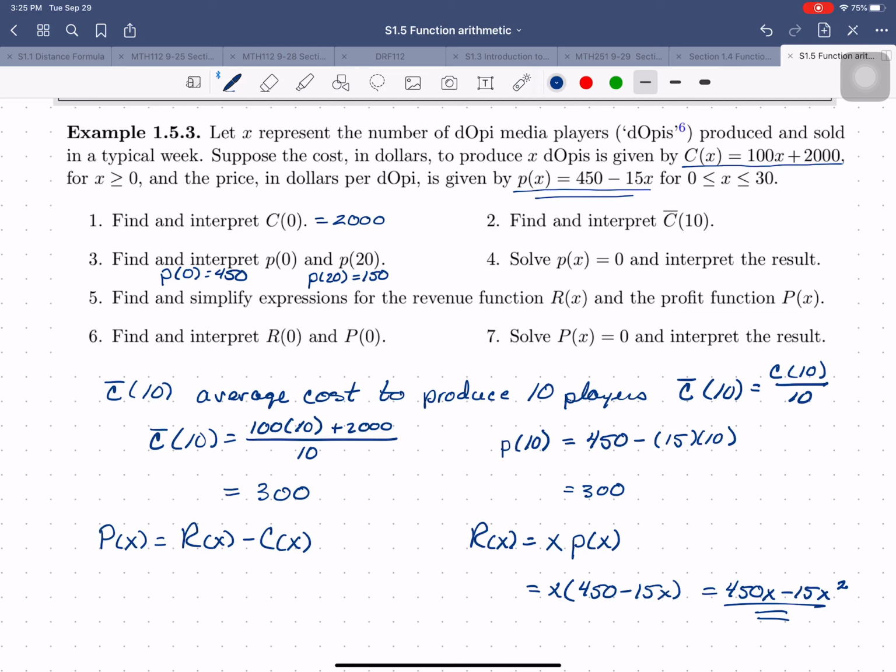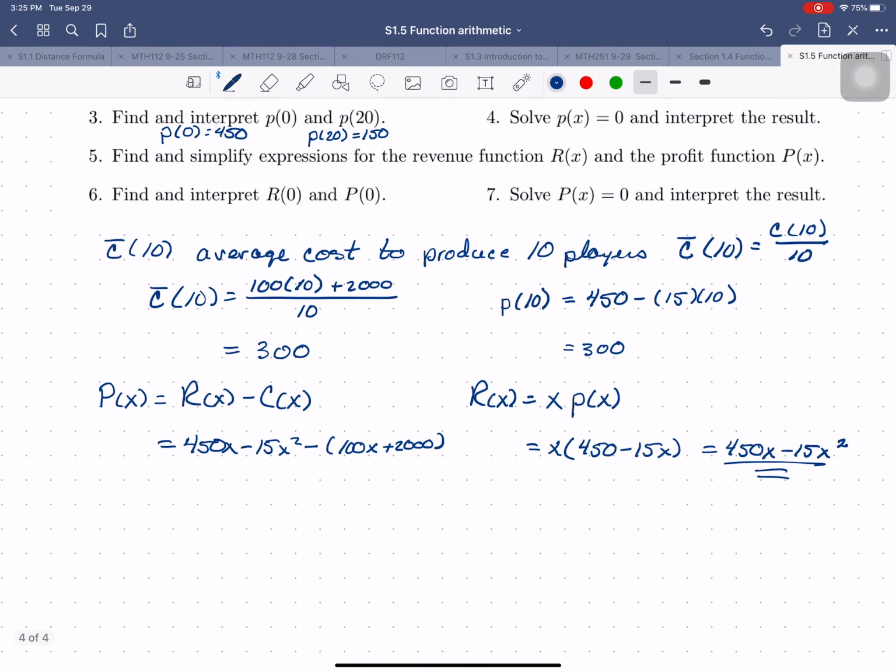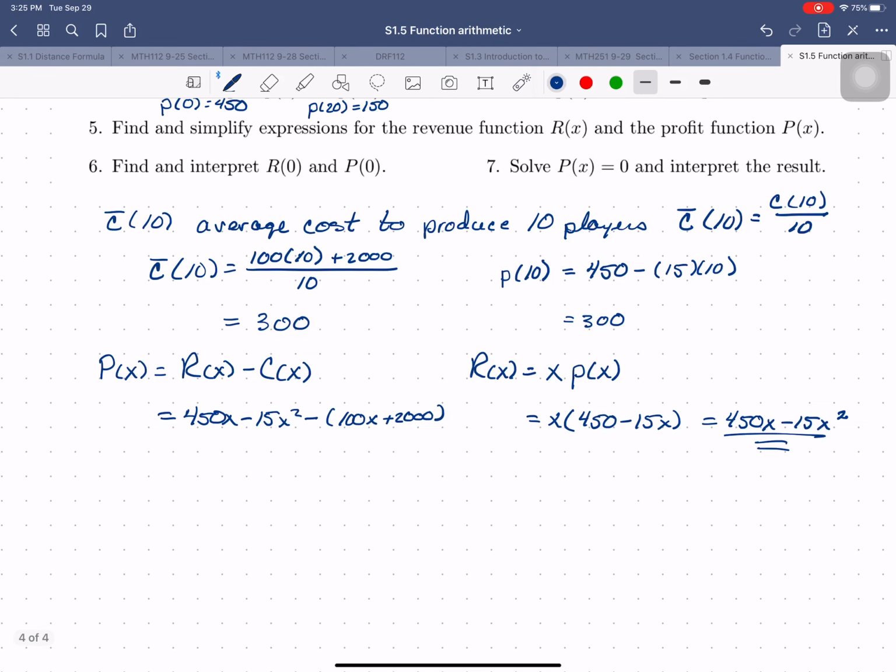My profit function then is that revenue function minus the cost function, which is 100x plus 2,000. Which means my profit function is negative 15x squared plus 350x minus 2,000.